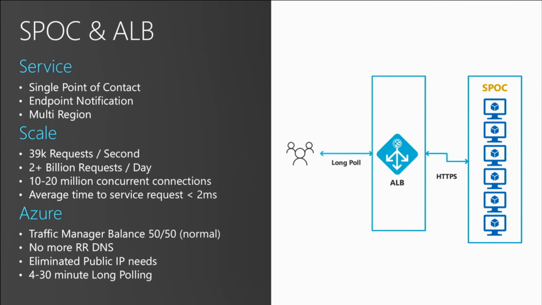That's gone. So in Azure, like I said, I already covered the Traffic Manager. We don't need to do round-robin DNS. The ALBs already supported 4 to 30-minute timeouts, so we can come up to the Spock server and say, hey, call me back in 25 minutes because I found my optimum network connection because I'm on a mobile somewhere out in a foreign country. It's 25 minutes. And Spock would sit there on that connection and then shove a response down and say, nothing has changed in the past 25 minutes, please reconnect.